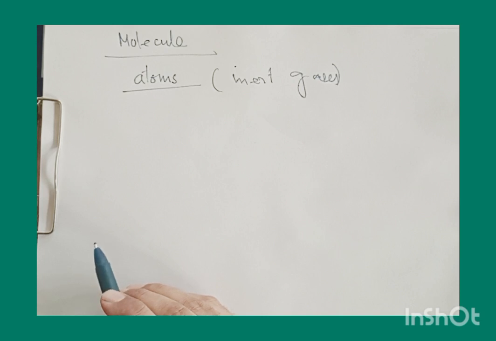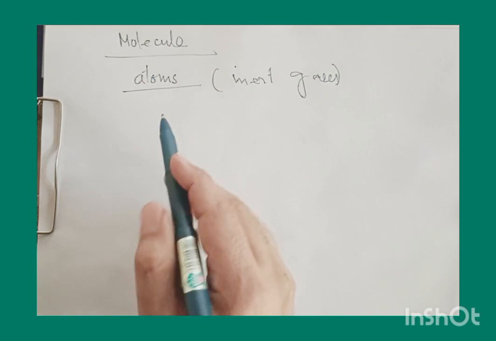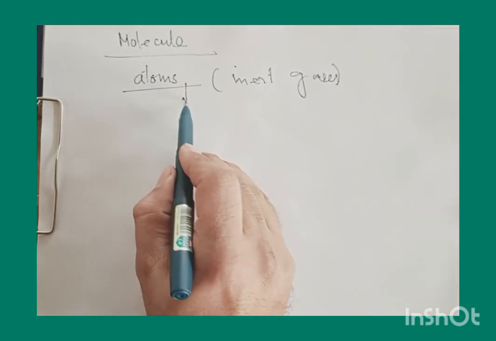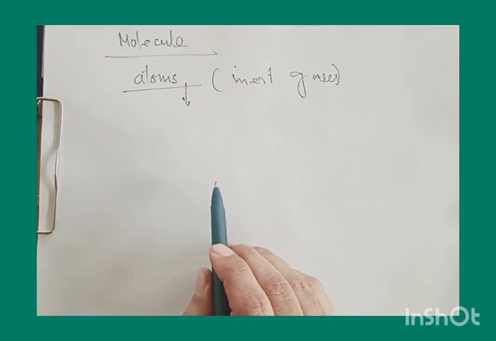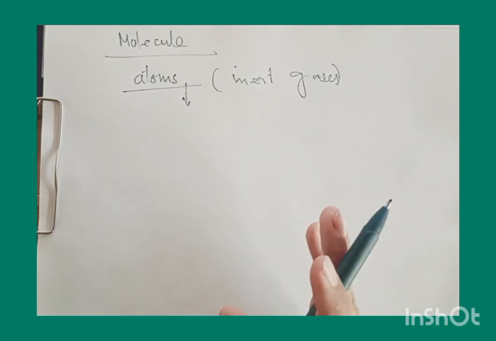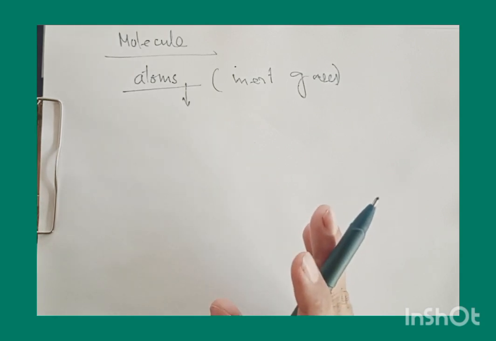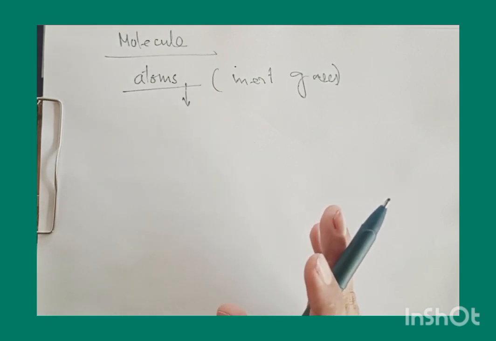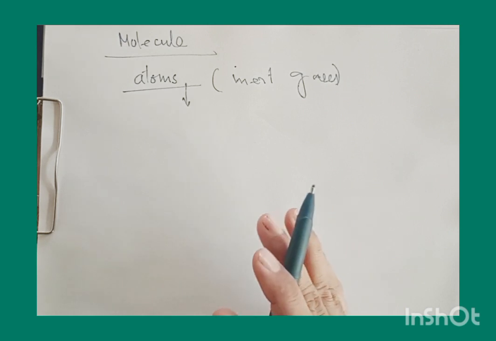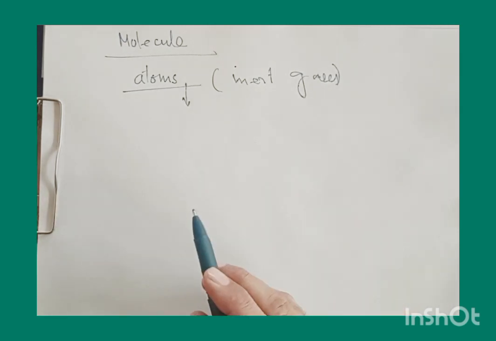So the question that arises in our mind immediately is: when atoms combine, they form molecules. What's the reason for that? What's the reason for that attraction? What's the reason that atoms are held together by some forces?